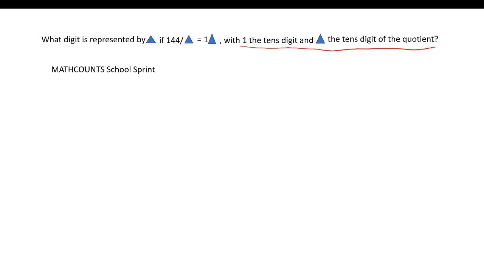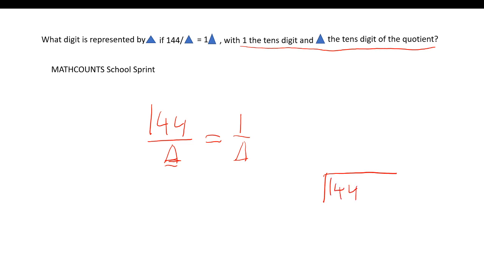Well, we have 144 divided by this triangle is equal to 1 over the triangle. The digits are the same. So when we're dividing, we're dividing 144 by something.